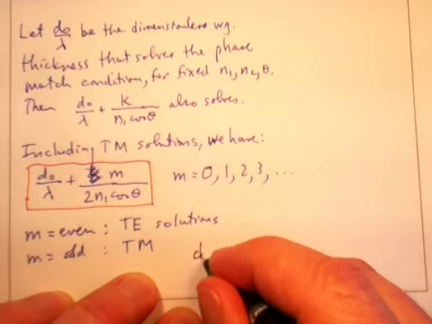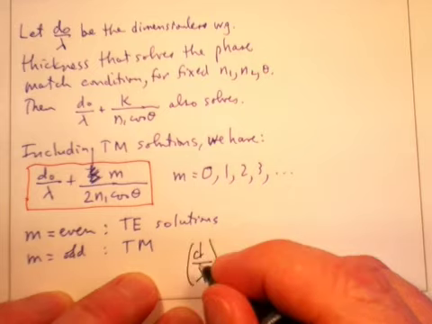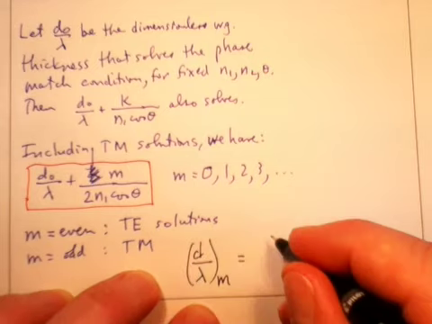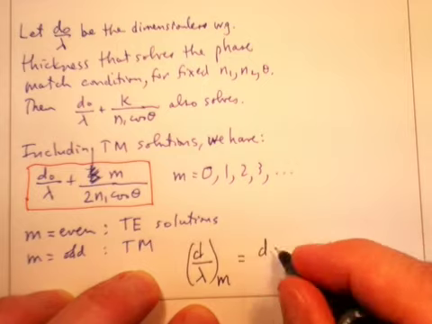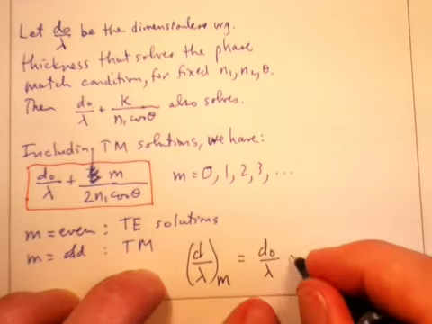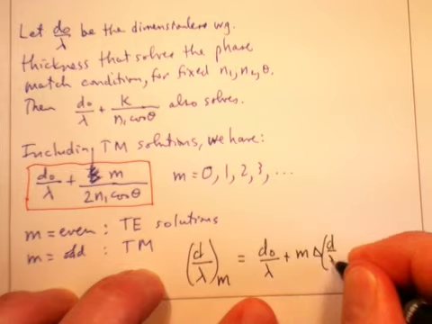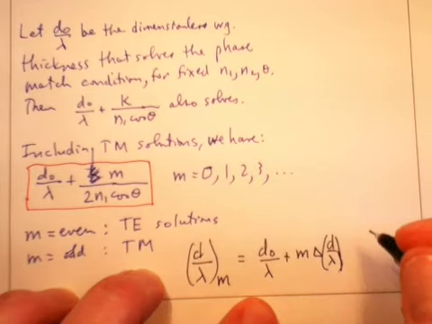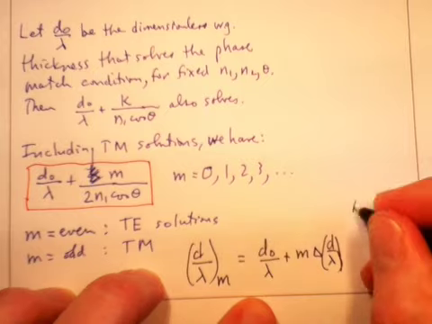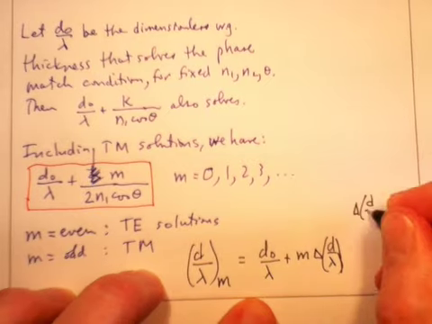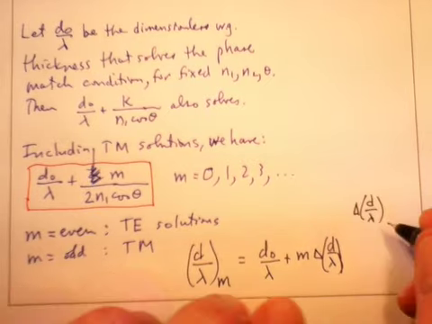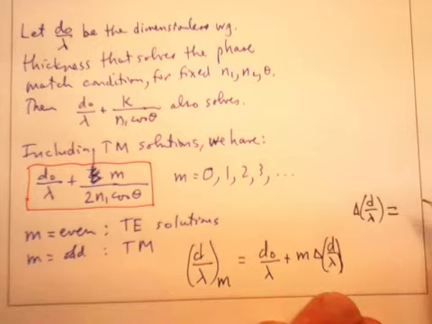So the mth solution is going to be d naught over lambda plus m delta d over lambda, where delta d by lambda is equal to 1 over 2n1 cosine theta.